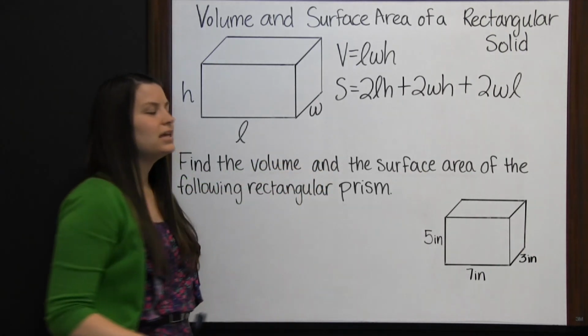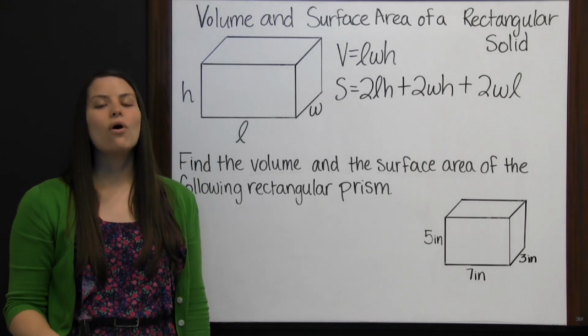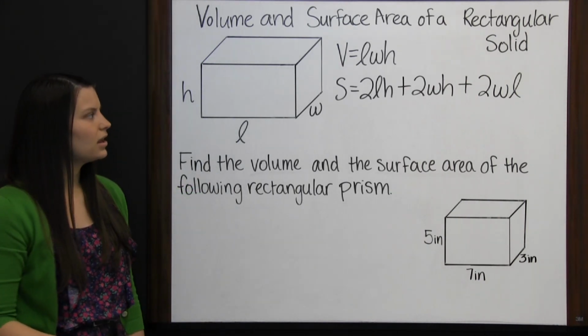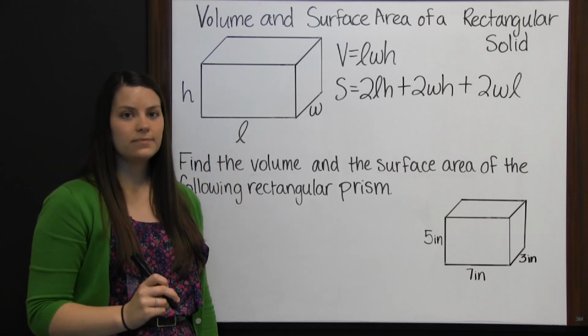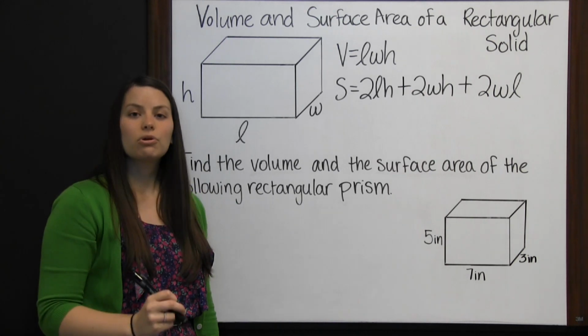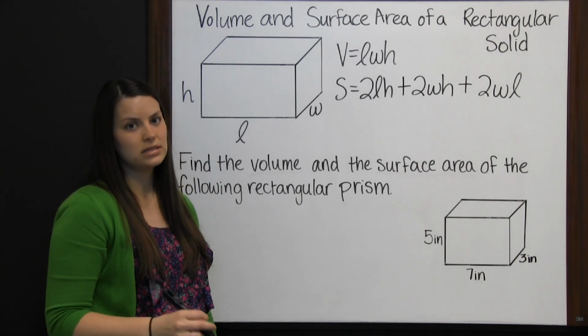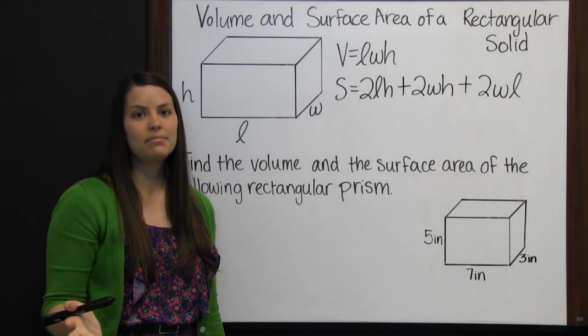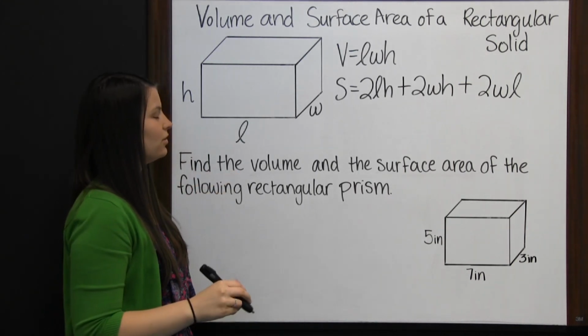Surface area is the area of all of the surfaces added together. A rectangular solid has 3 pairs of congruent parallel faces. The top and the bottom are exactly the same and parallel to each other.